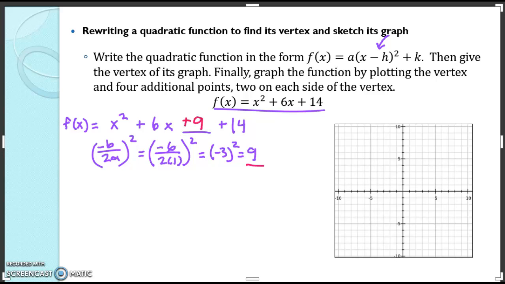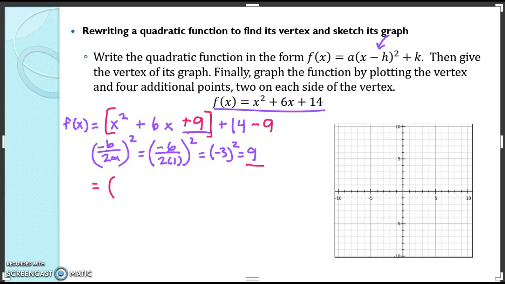But I added 9 to this side, which means I also need to subtract 9. If I didn't subtract 9, then I wouldn't be adding a total of 0, and I would be changing the function completely. So I need to make sure I do that. And then once I do that, I can factor this portion.